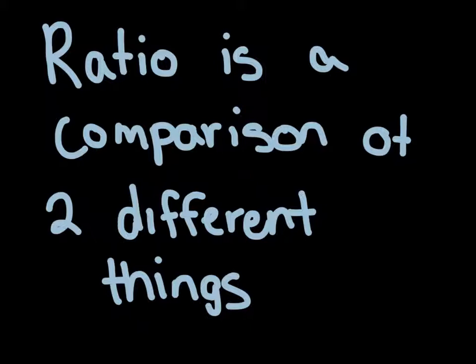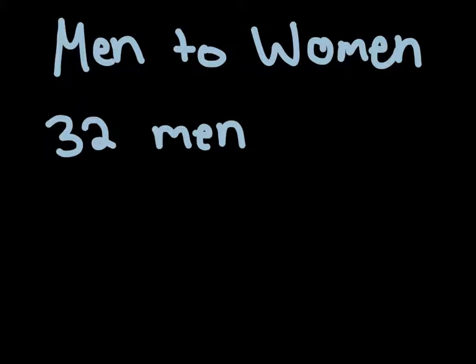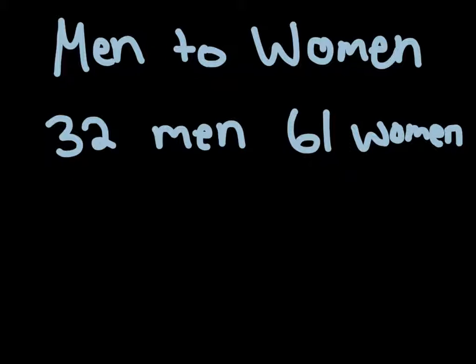So let's go on. Let's say we have the ratio of men to women. Someone says there are 32 men and 61 women in a room. Find the ratio of men to women.